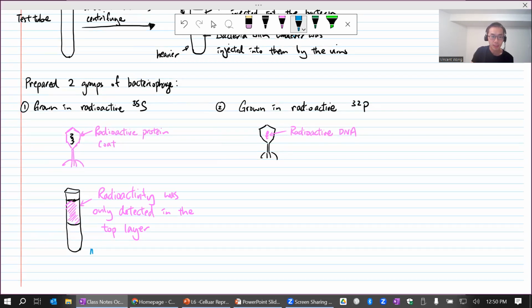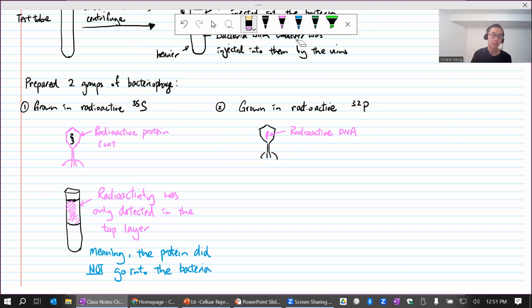Meaning the protein did not go into the bacteria, right? If the protein went in, we would have detected the radioactivity at the bottom, right? But we didn't. So that means the protein did not go in.